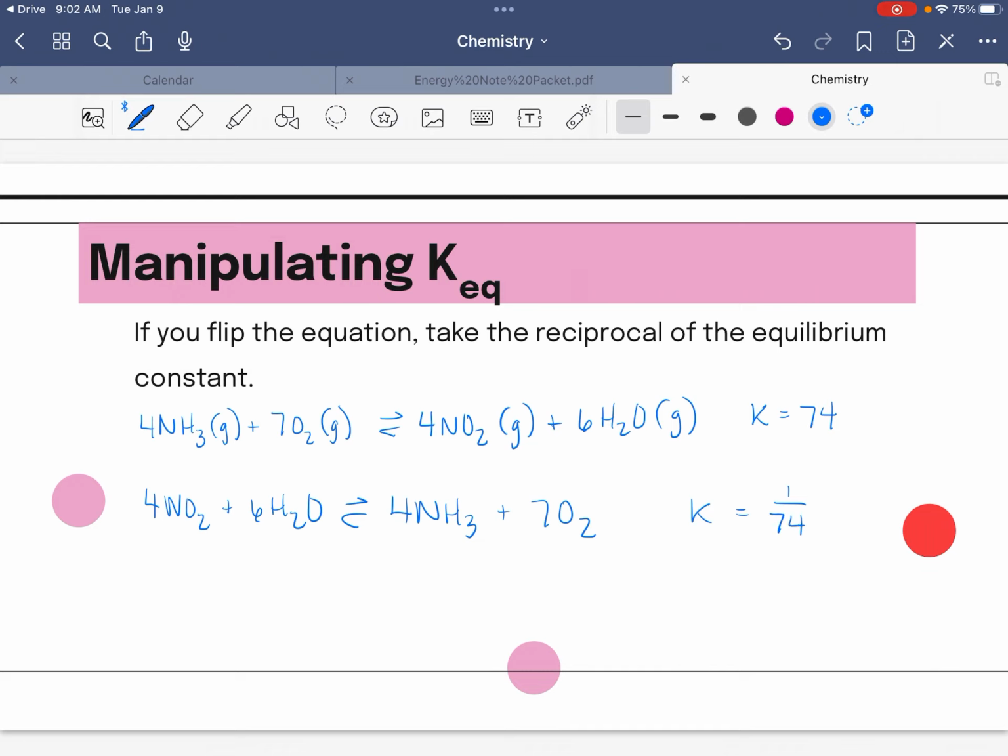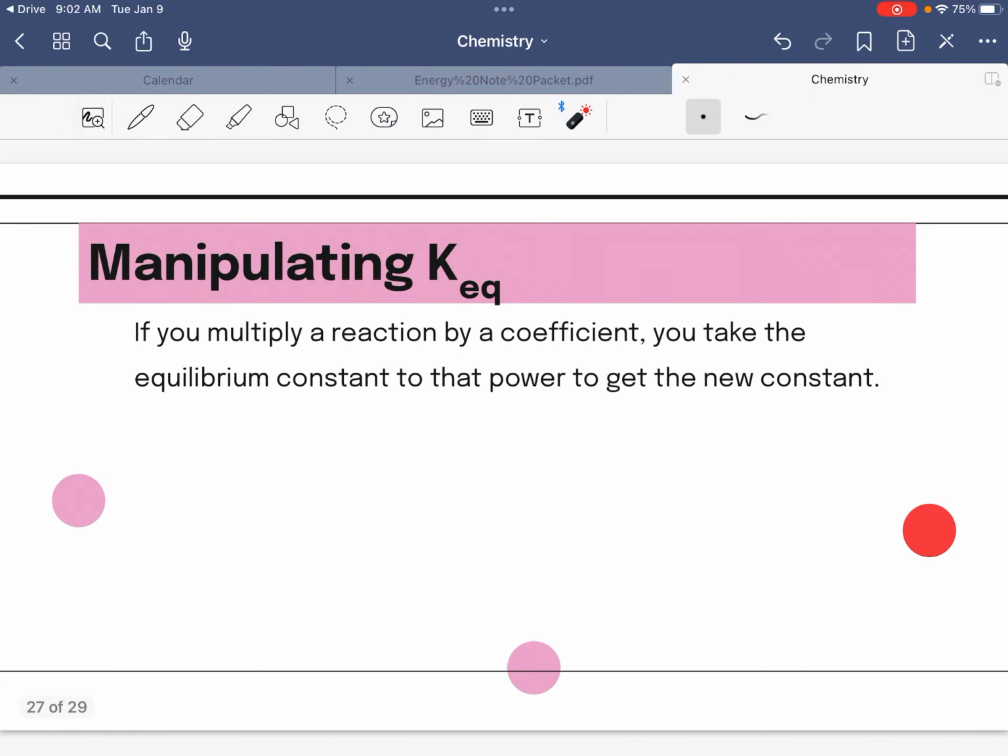Because we're doing the reverse reaction, in our previous one, these were the products, they were favored. When we reverse the reaction, these are now our products. So in order to show that it's still favoring these species, we're going to take the reciprocal. This number is less than 1, so it's saying that it is favoring the now reactants.